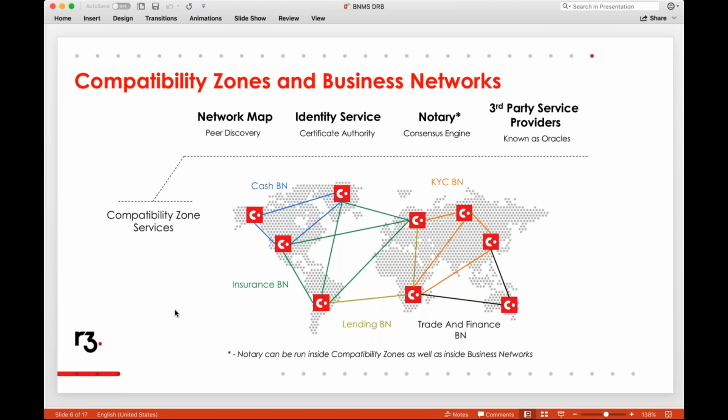This means if you see states which are notarized by a trusted notary, then you basically trust these states to not be double spent. So you might want to run the notary inside your business network only, which will not even be whitelisted on the compatibility zone level, and which would be used just for the transactions inside your business network, which basically you could do. But basically, you don't have to.